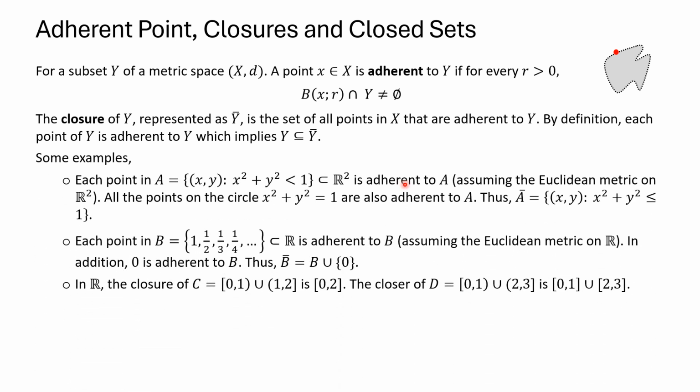I have a few examples here. This first example is similar to our rough example. If we take R2 as our metric space, the two-dimensional Euclidean space, and we take a circle but not its boundary, so the interior of a circle but not its boundary, then each point in this set A is adherent to A, and in addition, the points on the boundary of the circle are also adherent to A. So the closure of A is A itself, and then we just add in its boundary.